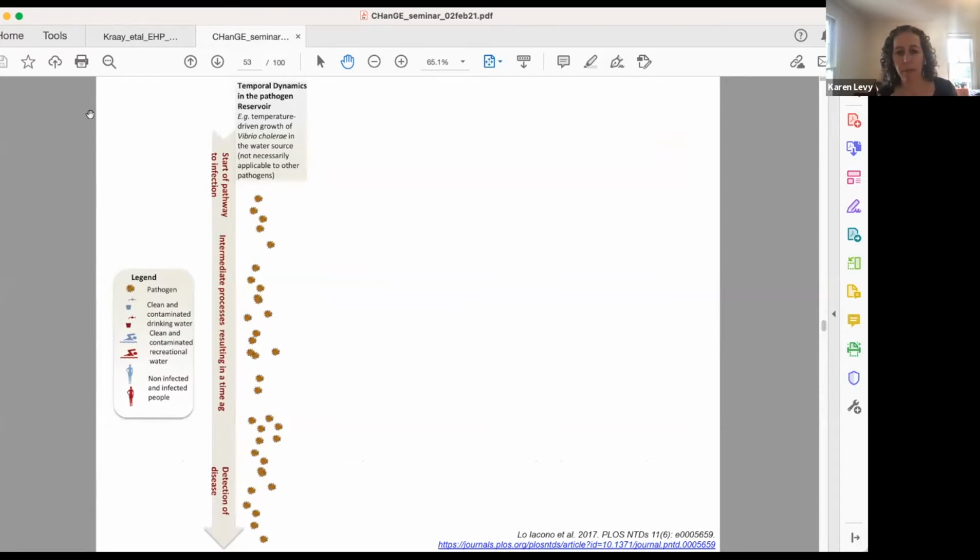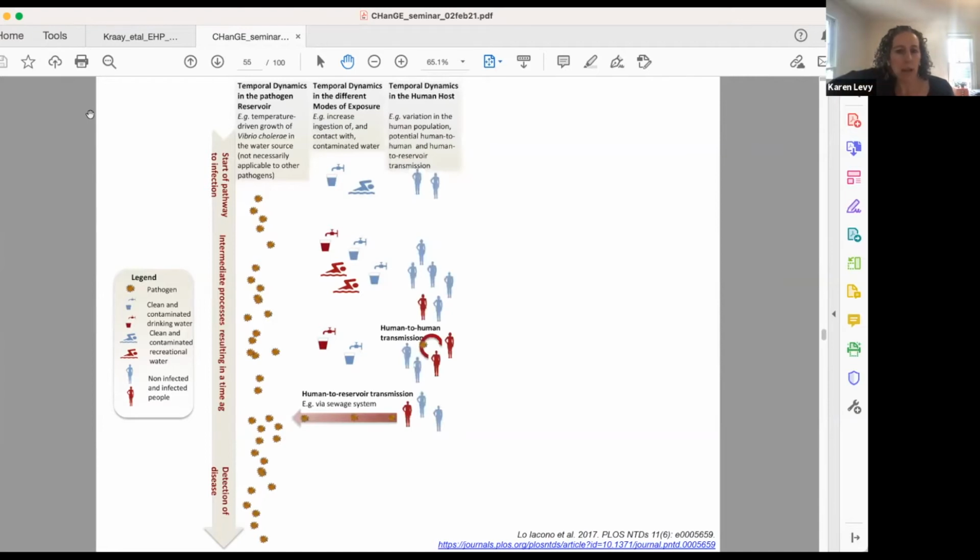It can clump in space, so it can be kind of hard to detect. And then there are temporal dynamics in terms of when people come into contact with those pathogens. Those behaviors change at different times of the year, for example, recreation or what kind of sources of water people are using.